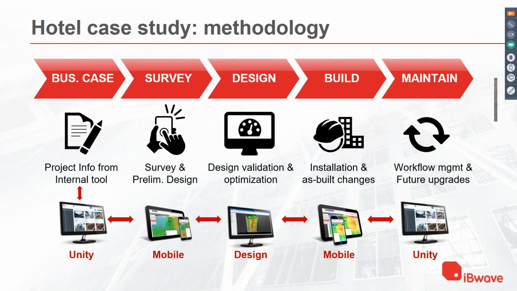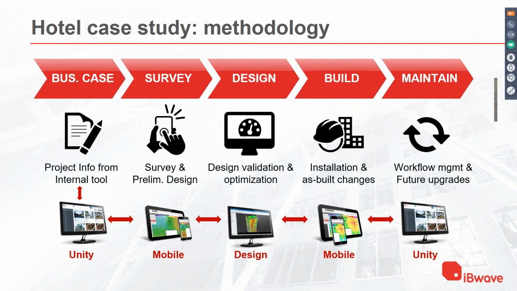There's a survey, which is capturing all the information about the venue, a lot of picture annotations that are geolocated on the floor plan, so you know exactly what to watch out for where, and a lot of notes are taken here. And there's also importantly a preliminary design. So this is small cell and Wi-Fi, and that can be designed from the tablet by the same person while on site. So that's what was done here: survey and preliminary design using iBwave Mobile by a field tech.